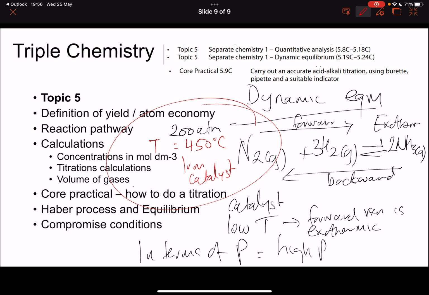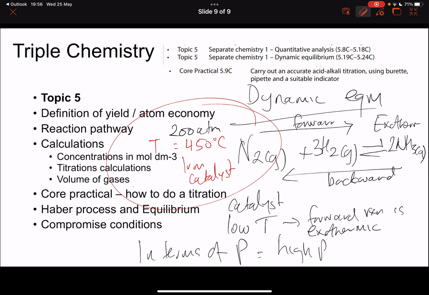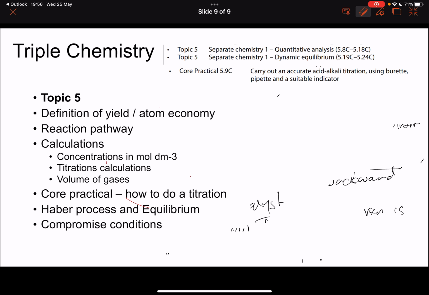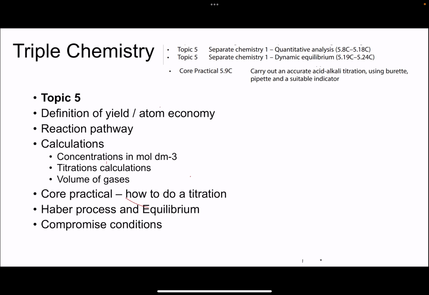Another thing is, make sure you know how to make something like ammonium nitrate and ammonium sulfate. So how do you make ammonium nitrate and ammonium sulfate? Simply, this can be done as a titration reaction where ammonia reacts with sulfuric acid, and that will produce ammonium sulfate.